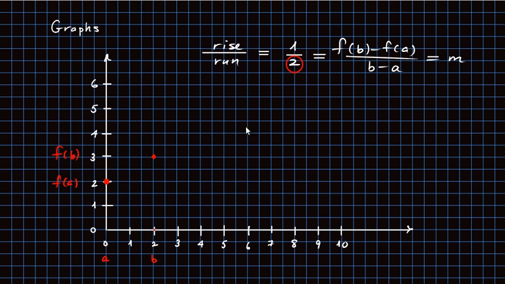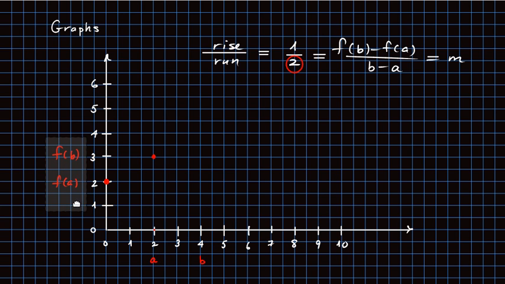What's great about linear functions is I can change the a and b, and still I'll have the same ratio, rise over run. So f of b minus f of a over b minus a doesn't depend on what a and b I choose. Let's shift, in fact, the a and the b over. So I'm going to now use a is 2, b is 4.